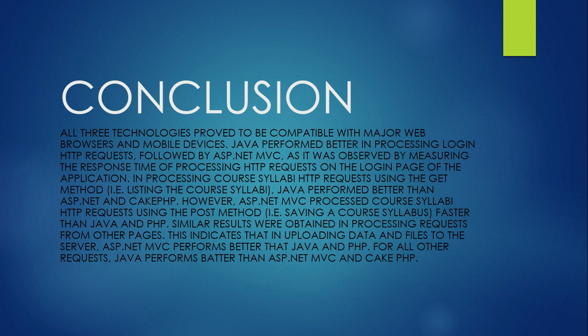However, ASP.NET MVC processed course syllabi HTTP requests using the POST method, saving a course syllabus, faster than Java and PHP. Similar results were obtained in processing requests from other pages. This indicates that in uploading data and files to the server, ASP.NET MVC performs better than Java and PHP. For all other requests, Java performs better than ASP.NET MVC and CakePHP.